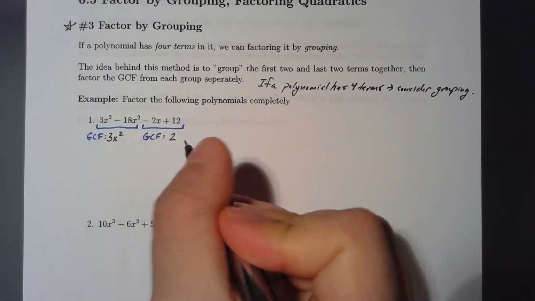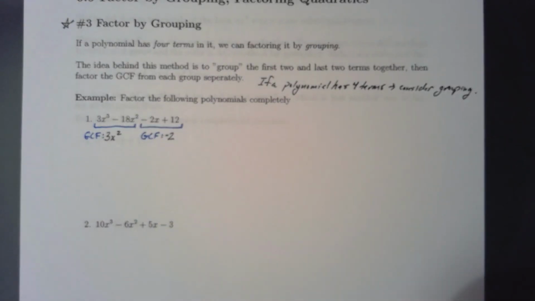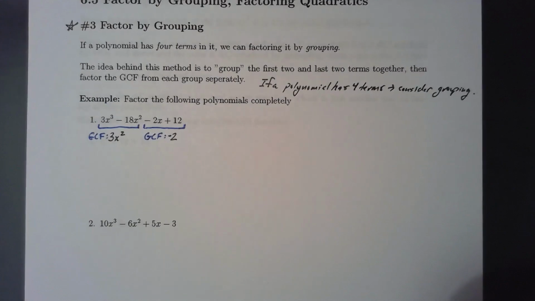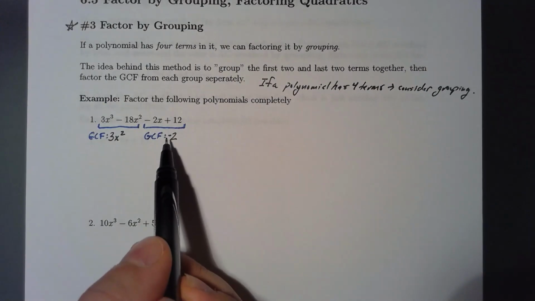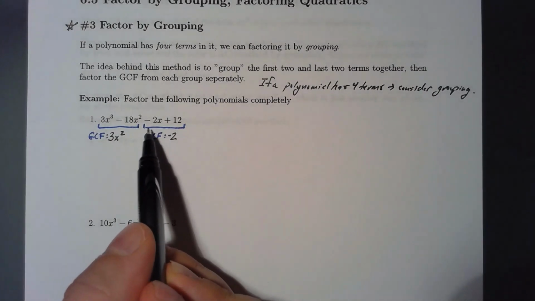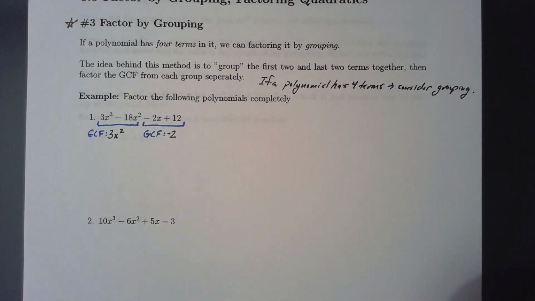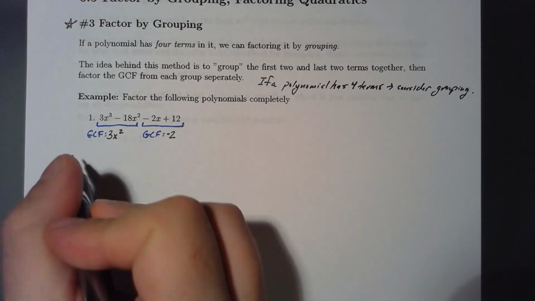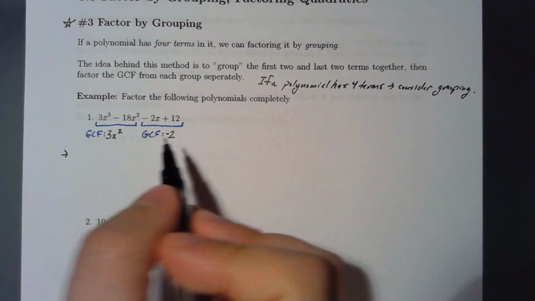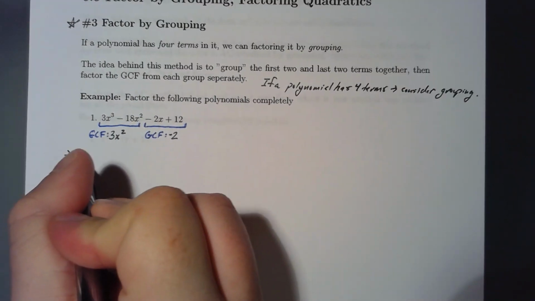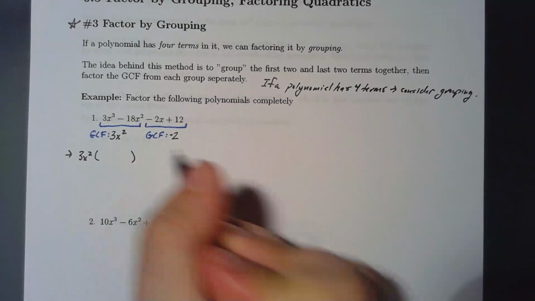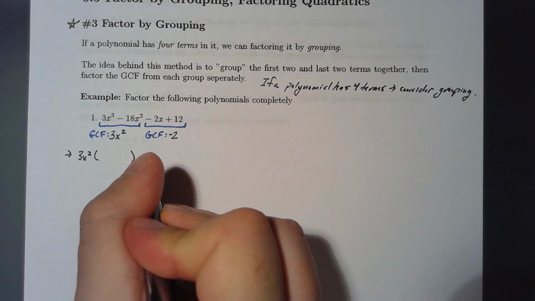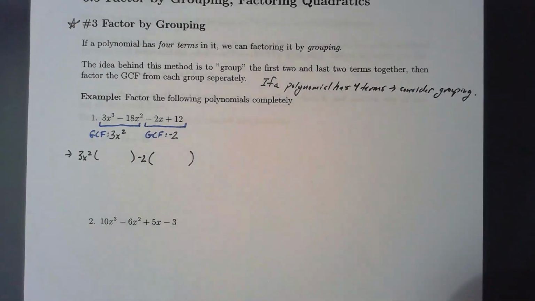So my GCF isn't 2, it's negative 2 in the second group. Now that I know my GCFs for each group, I'm going to factor that out of each group separately. So I'm going to factor a 3x squared out of the first group, and a negative 2 out of the second group.